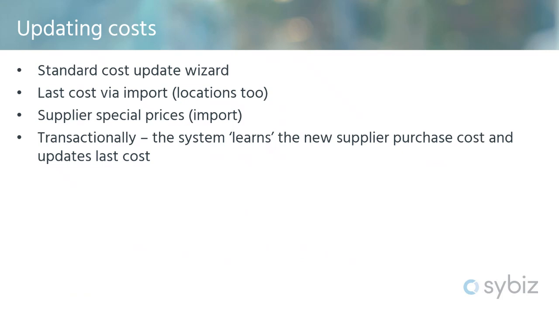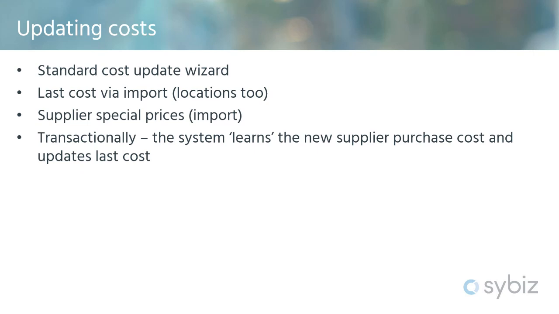But if you don't have multiple locations, you don't need to worry too much about that. And likewise, if you do have multiple locations and you're not fussed about maintaining last cost at each location, then by all means, if you're updating your last cost, you can do that at the product level instead. So last cost is another way.